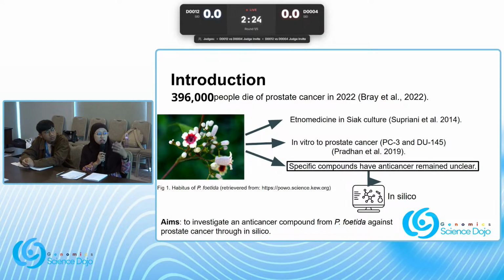But there is in vitro research on prostate cancer cell lines PC3 and DU145, and the specific compounds with anti-cancer activity remain unclear.